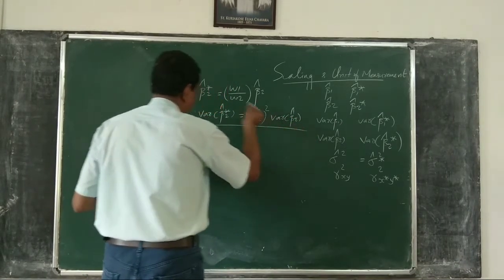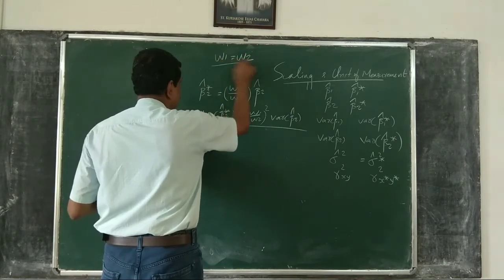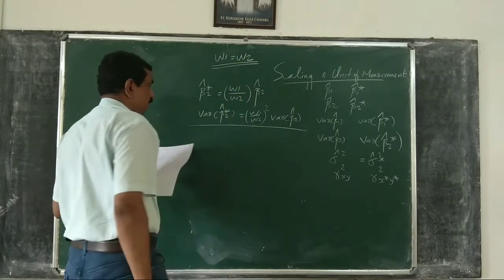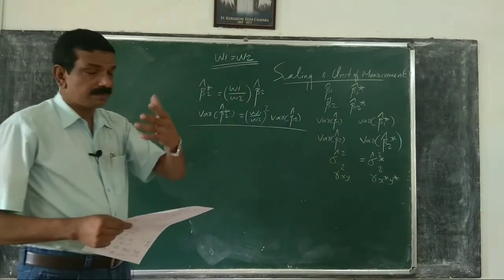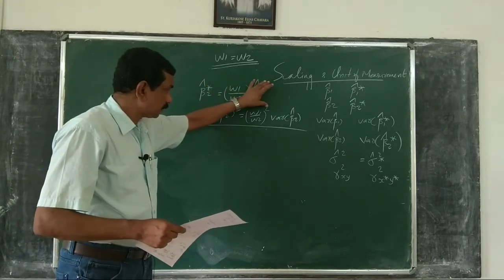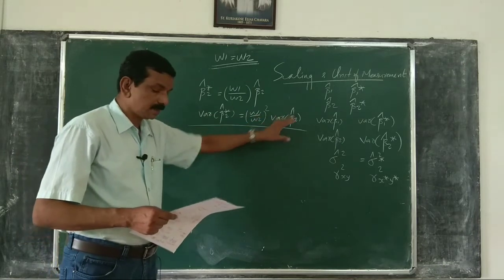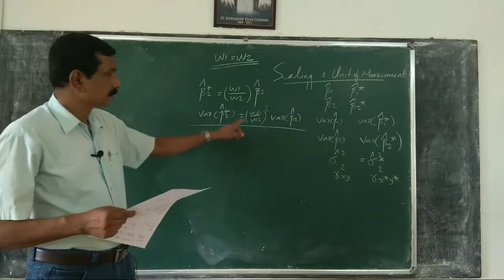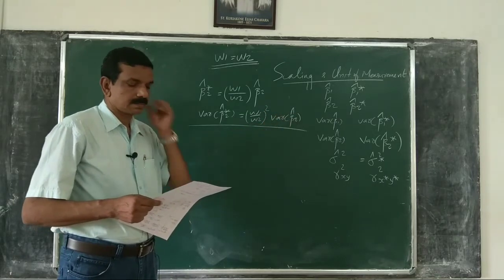So if W1 is equal to W2, the weights, the unit of measurement changed from one to another, and it is same for both y and x, then the estimator beta 2 hat is same. What about variance? Variance is also same, because this will become 1 square into variance beta 2 hat.